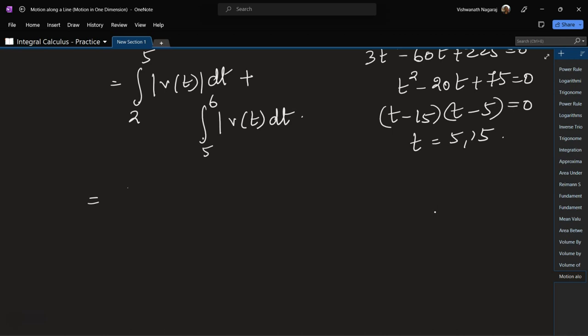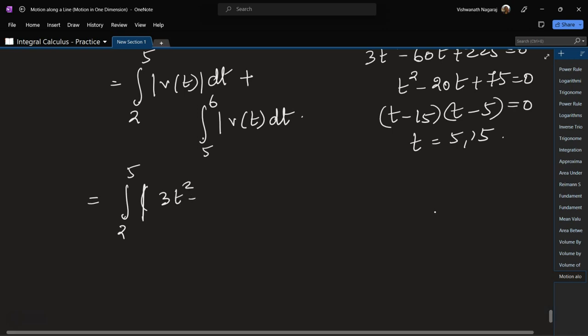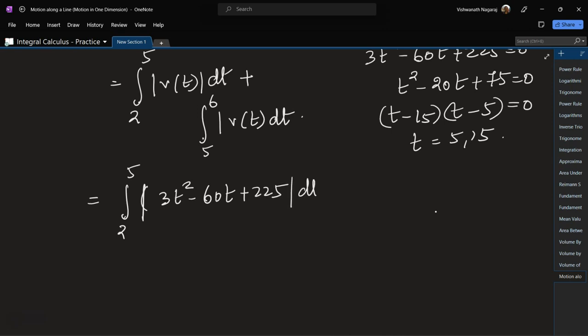So what do we get? We get 2 to 5 of absolute value of 3t square minus 60t plus 225 dt plus again from 5 to 6 absolute value of 3t square minus 60t plus 225 dt.